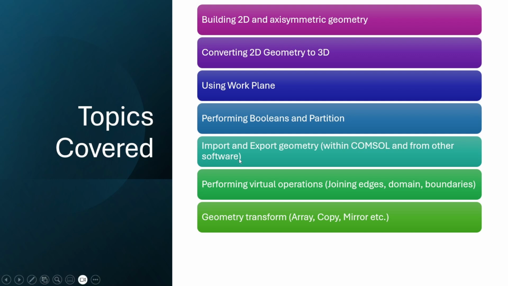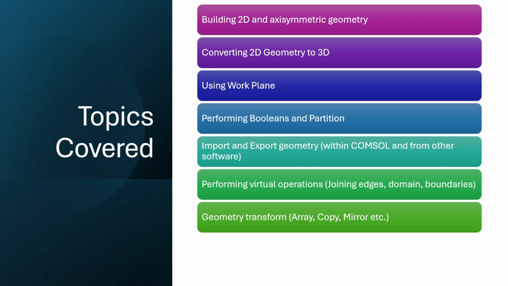So later I will tell you about how you can perform virtual operations, like how you can join edges, or two domains you can join, or you can separate two domains, join two boundaries, and all the other virtual operations that you generally perform in AutoCAD or other software.